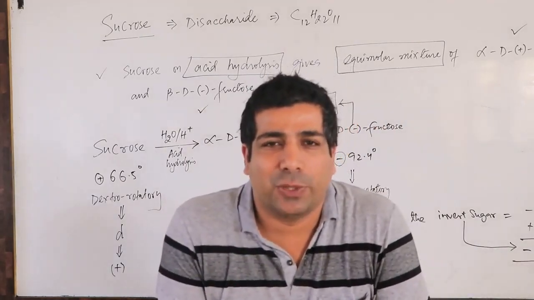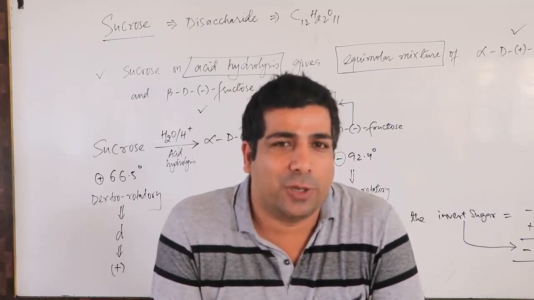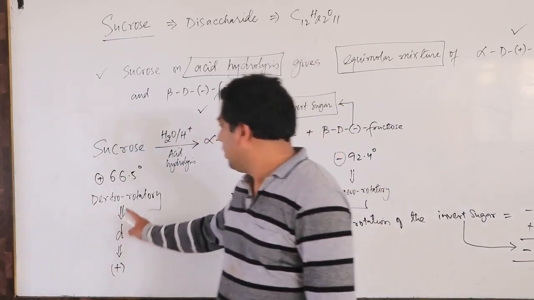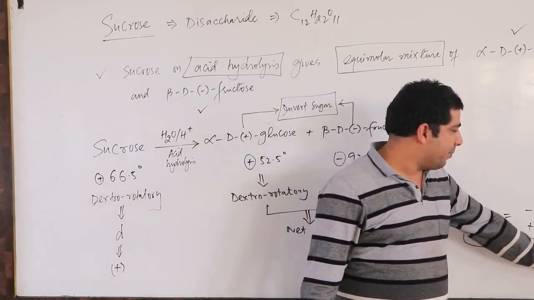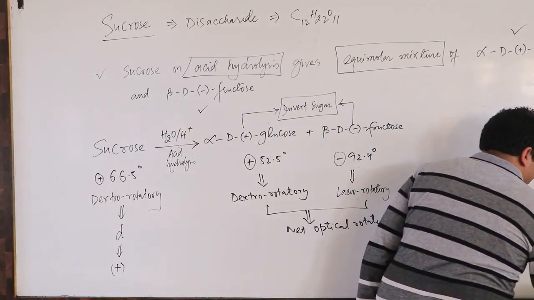Like when sucrose undergoes acid hydrolysis, the optical rotation changes from dextro, meaning plus, and now finally it becomes levorotatory, meaning what? Come on, minus.